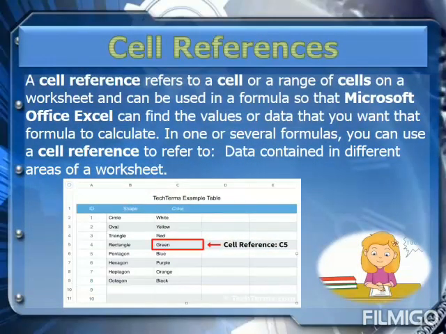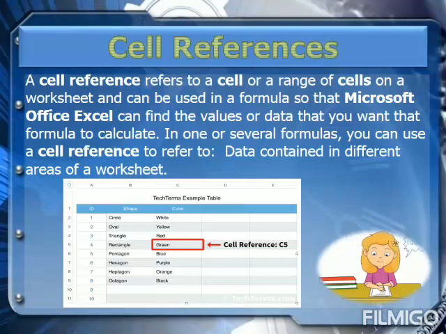What is a cell reference? When you are writing a formula in MS Excel, it is very important to know about the cell reference. A cell reference is the location of a cell in a spreadsheet. It is also referred to as its cell address. How can you find out a cell reference? Simply look at its column and row position in the spreadsheet.